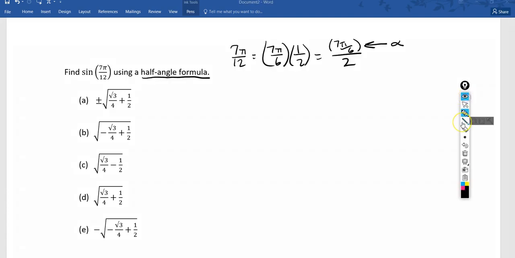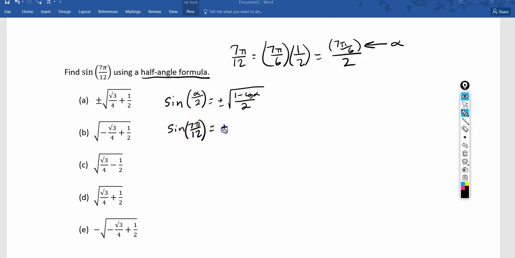Okay, so I'm going to come back here and I'm going to use sine of alpha over 2 is equal to plus or minus the square root of 1 minus cosine of alpha, all over 2. Okay, so sine of 7 pi over 12 is going to be equal to plus or minus the square root of 1 minus cosine of our alpha, which is 7 pi over 6, all over 2.